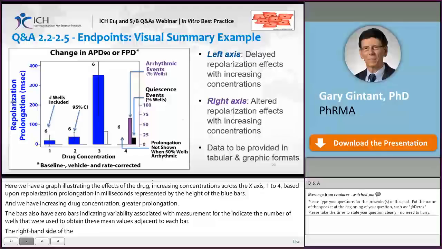This is important to understand in terms of the amount of prolongation, which is not shown, for example, when 50% of the wells are arrhythmic.